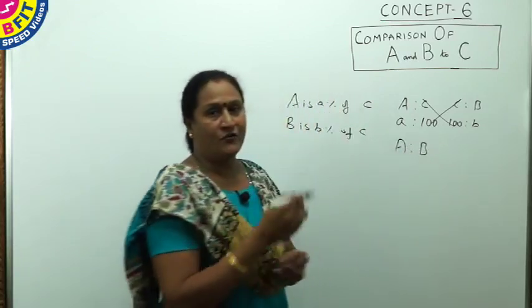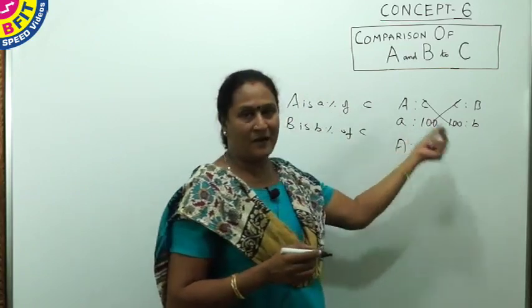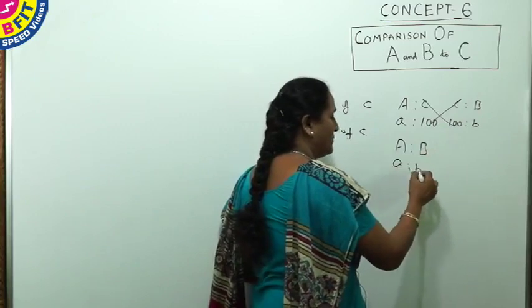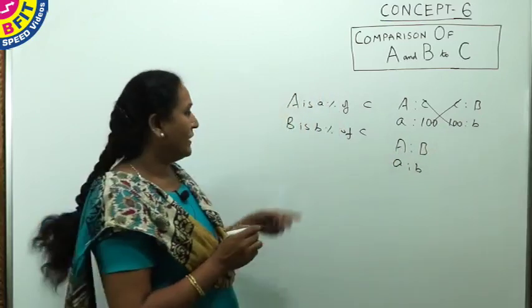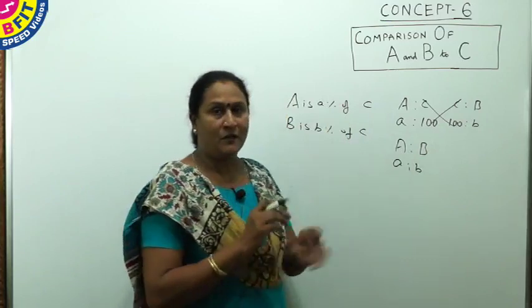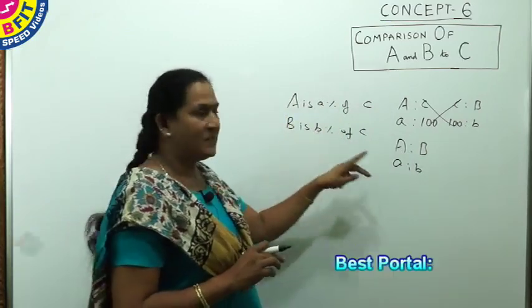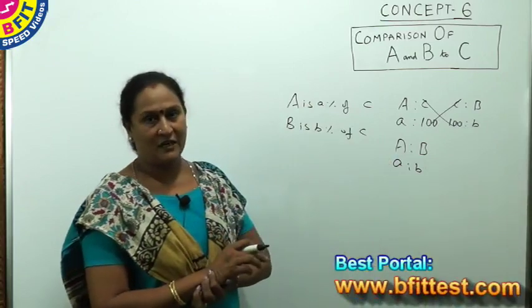Now what will be the ratio of A and B? As both are compared with 100, the A and B ratio will be A is to B. So whenever two values are compared to a third one, no need to consider that value. Just with these percentages we can work out.